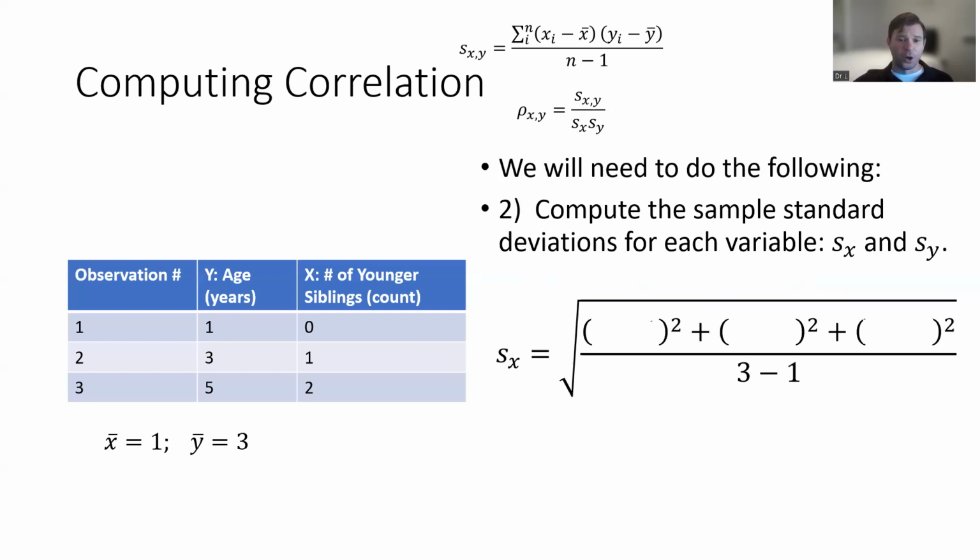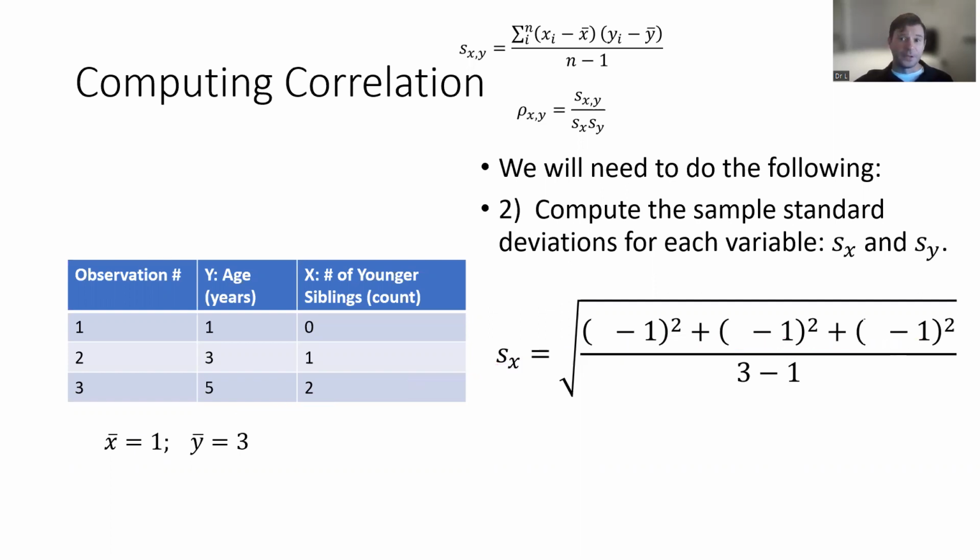Okay, in each of the terms in parentheses that are getting squared, the first thing we're going to do is substitute the average value for x relative to which we are measuring all of the deviations. So 1 goes in here, 1 goes in here, and 1 goes in here.